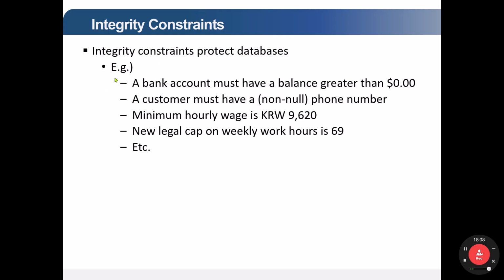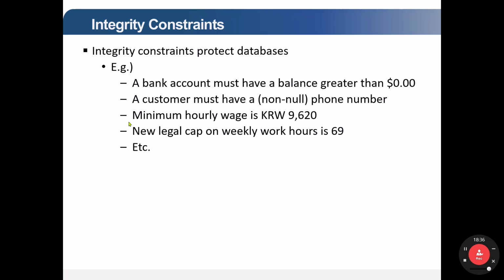So this slide lists a couple of examples. Suppose you want to make sure that a bank account cannot have a negative amount of money, or you may not allow customers to have a null value in a phone number column.